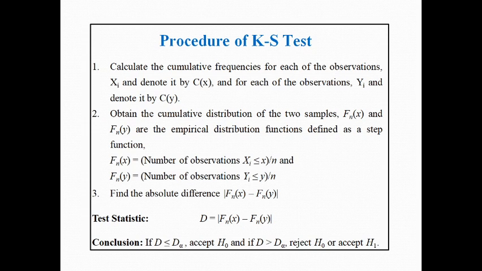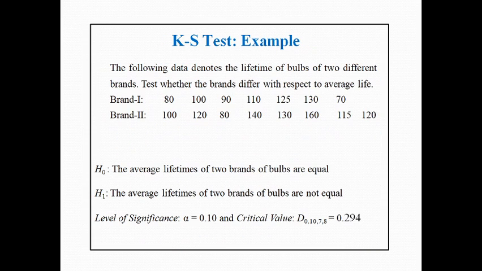We will see the KS test for two populations through one simple example. We have data on the lifetime of bulbs of two different brands, and they have an average life.